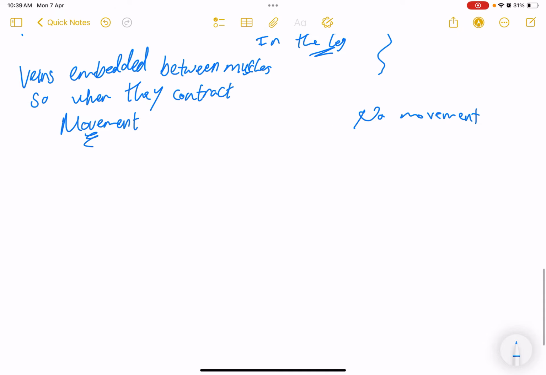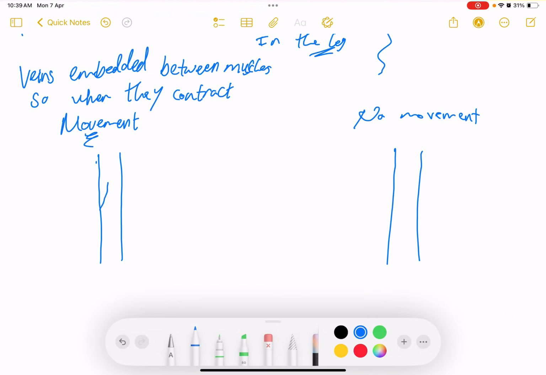I'm going to draw the blood vessel here. I have here the valve. Let me open it a bit. Here the blood is supposed to move like this towards the heart.